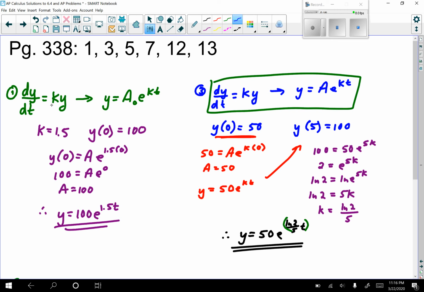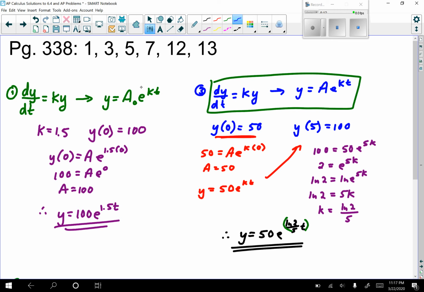Remember, anytime we're given that, we can just show that the solution to this is that y equals that initial amount times e to the kt. As I showed you before, there's so many different ways to write this. It could be y equals p times e to the rt, or a equals p times e to the rt. So it all depends on what our problem is about to show which form we're going to use, and a couple forms are correct using them for the same problem.